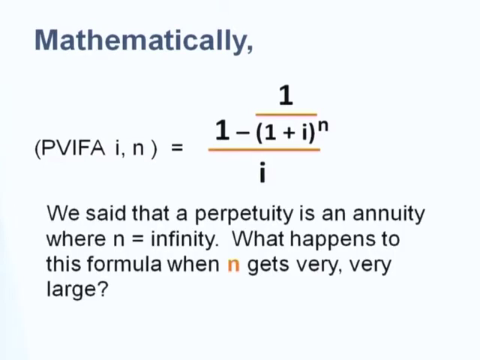If you put n equals infinity, because a perpetuity is an annuity that goes forever, n will be very large or infinity.